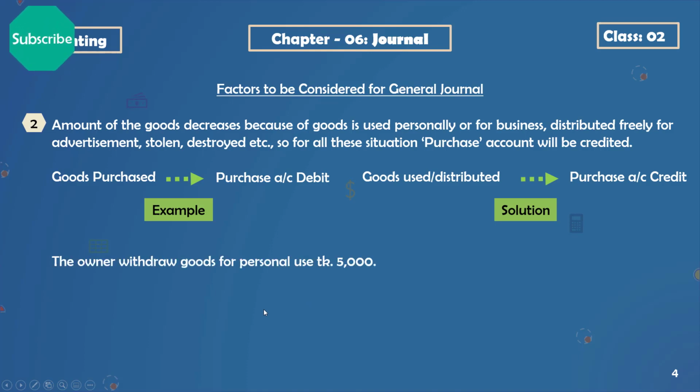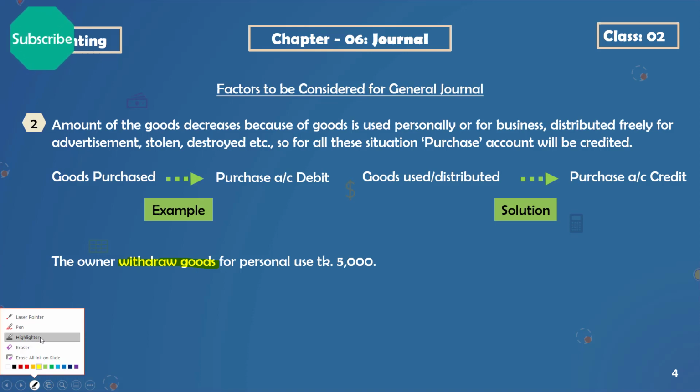Here is the transaction. The owner withdrew goods for personal use, taka 5,000. Here you can see the owner withdrew goods. That means goods reduced from the business, and according to our rules, when goods are reduced from the business, we have to credit purchase account, and when the owner withdraws anything from the business, we have to debit drawings account.